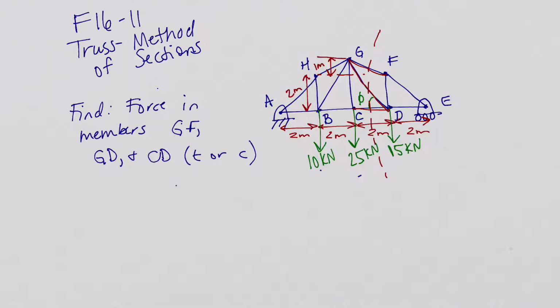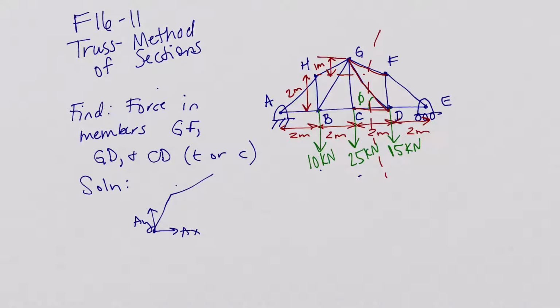So if you remember for these, when we solve these, often the first thing we can do is look at the overall free body diagram to figure out what's happening at the A side or at the E side. So I'm going to go ahead and draw a free body diagram just for the whole thing. So we've got point A, we can have an AX and an AY.